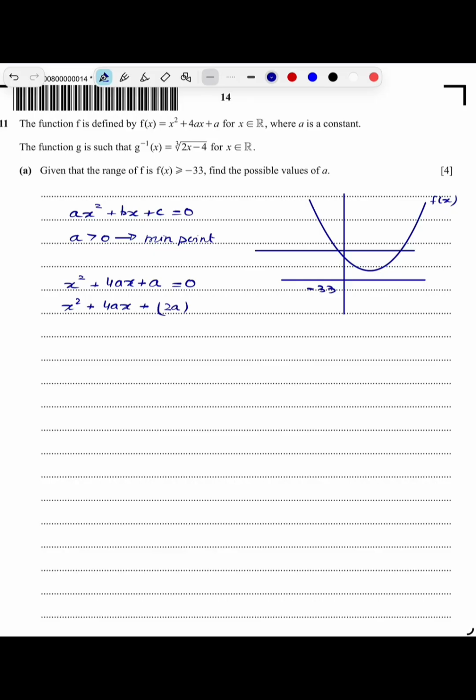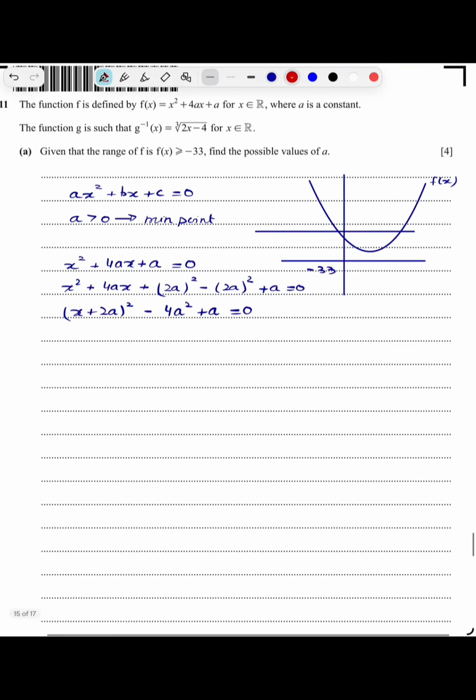So we add 2a square and we subtract 2a square, plus a equals 0. So I'll get x plus 2a square and minus 4a square plus a equals 0.